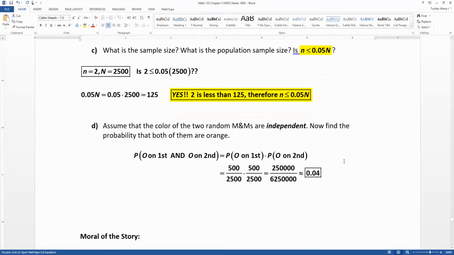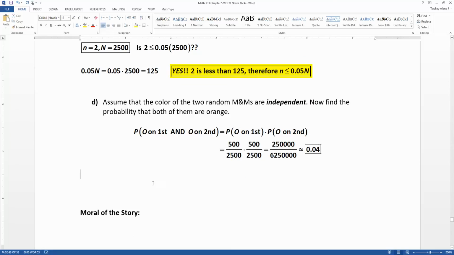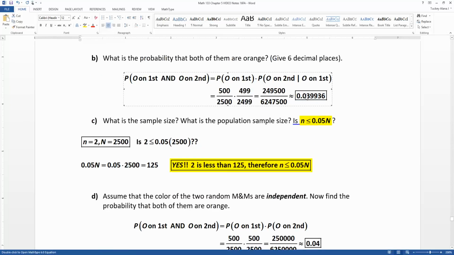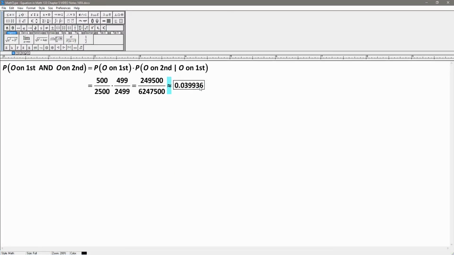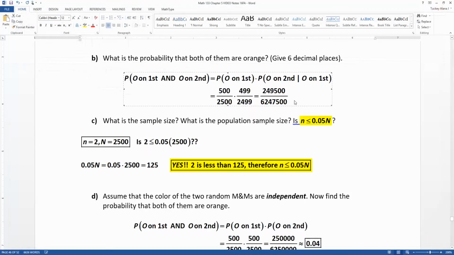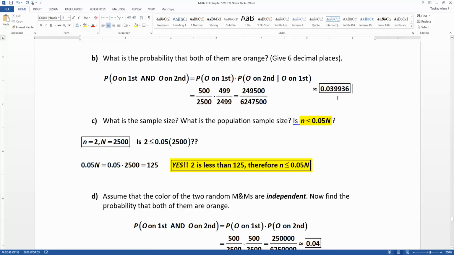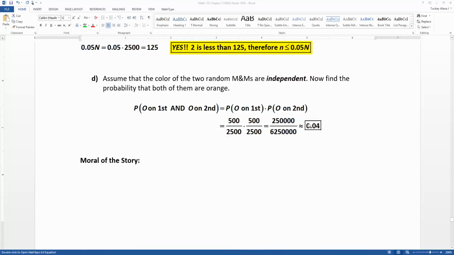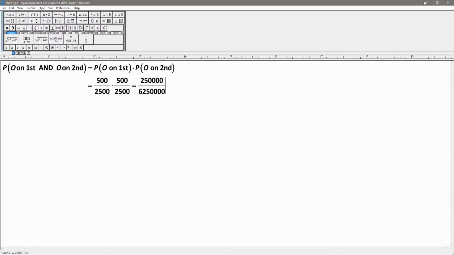All right. So notice how close these two numbers are. I mean, look at this. When you treated them as if they were dependent, right, you got 0.039936, which is a very small number. And when you treat them as if they're independent, you get 0.04 right here.